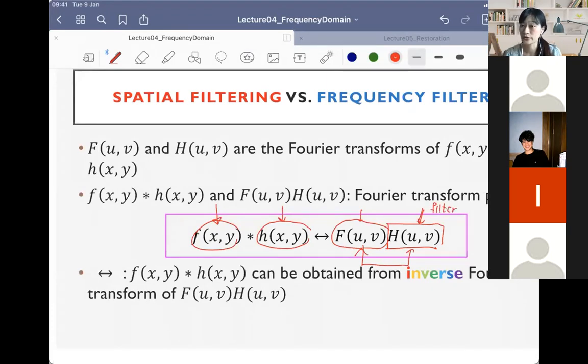So it's actually equivalent. It means you can do frequency filtering in the spatial domain, or convert to the frequency domain, multiply, and then convert back to the normal image. That's fine too, but you can also do the frequency filtering in the spatial domain by using the convolution property.